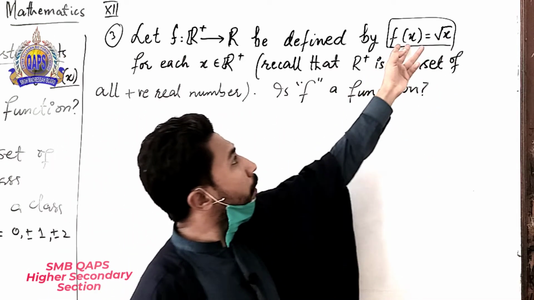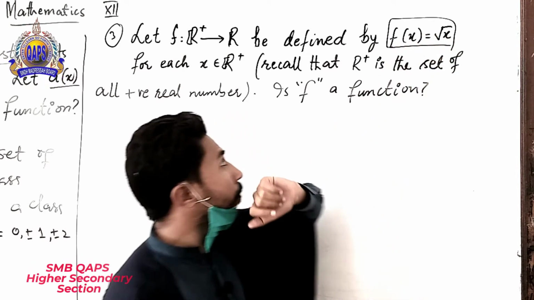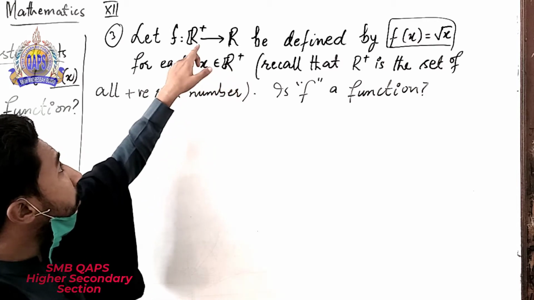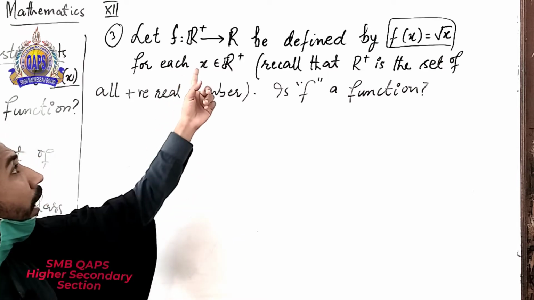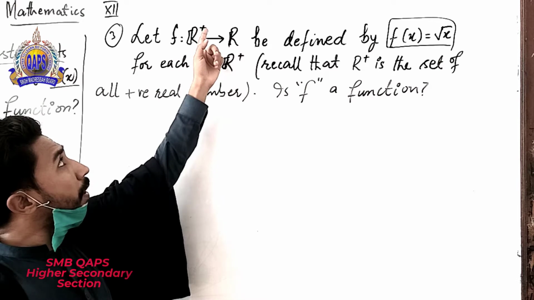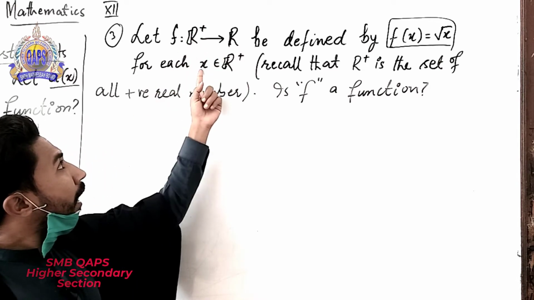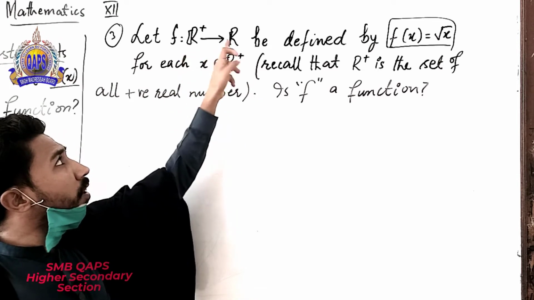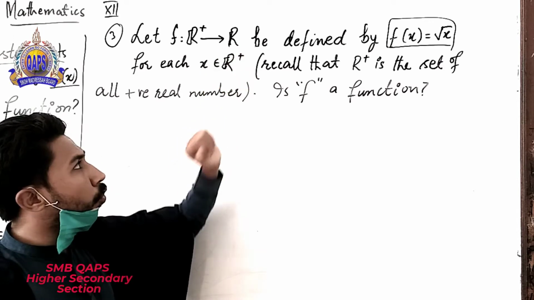So this function represents the whole situation of input and output. For each x belonging to the positive reals, because here the domain contains only x elements. Here x contains only positive real numbers, because the plus sign represents only positive numbers. So each x value belongs to the positive numbers and its outcome belongs to the real numbers, either positive, negative or 0.